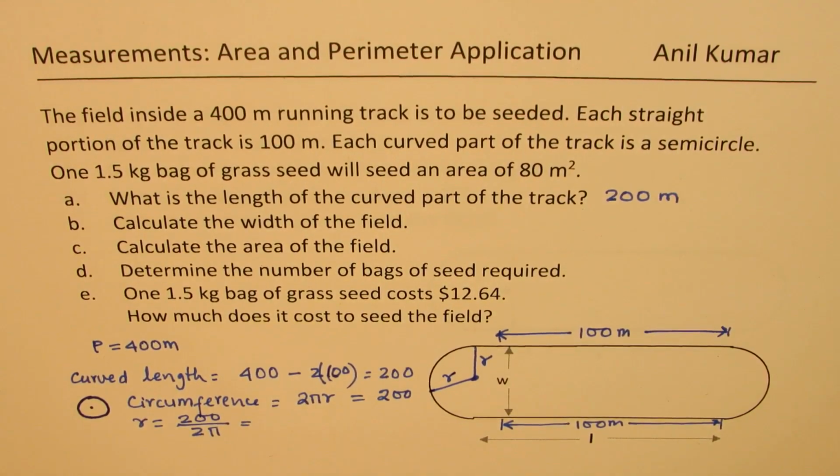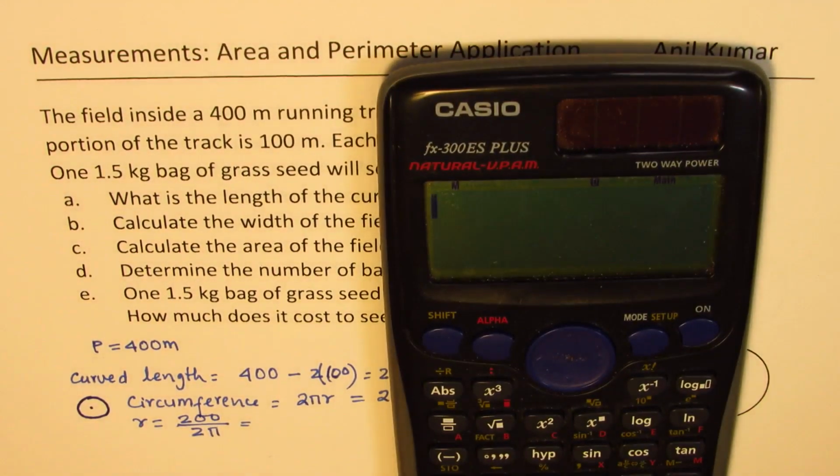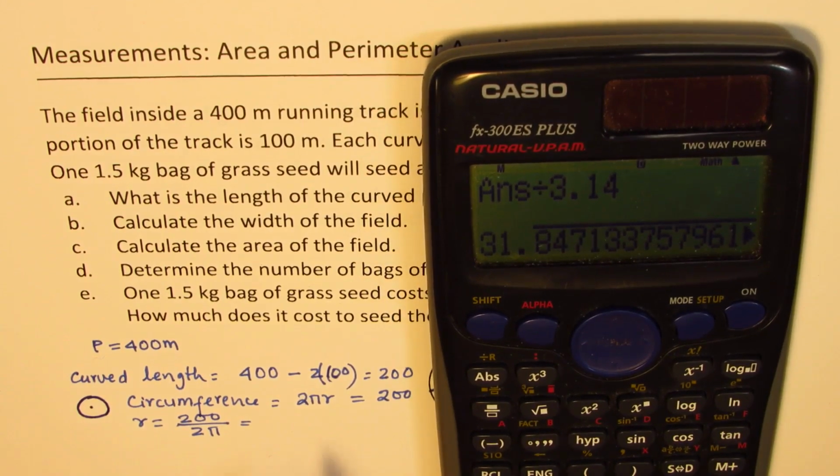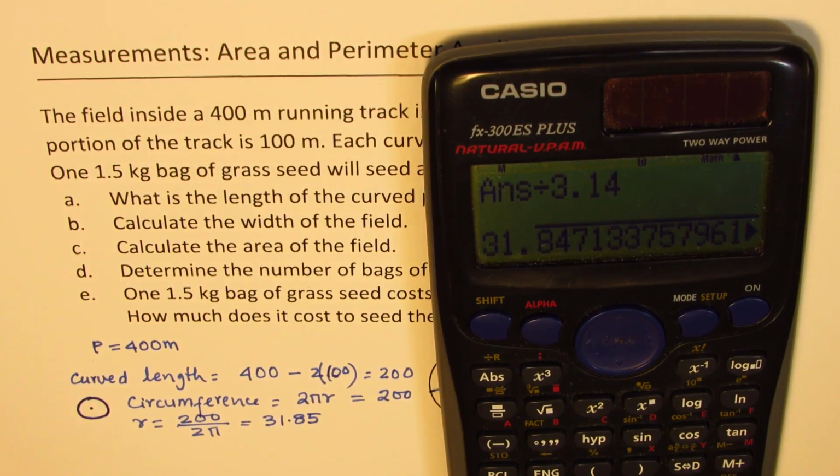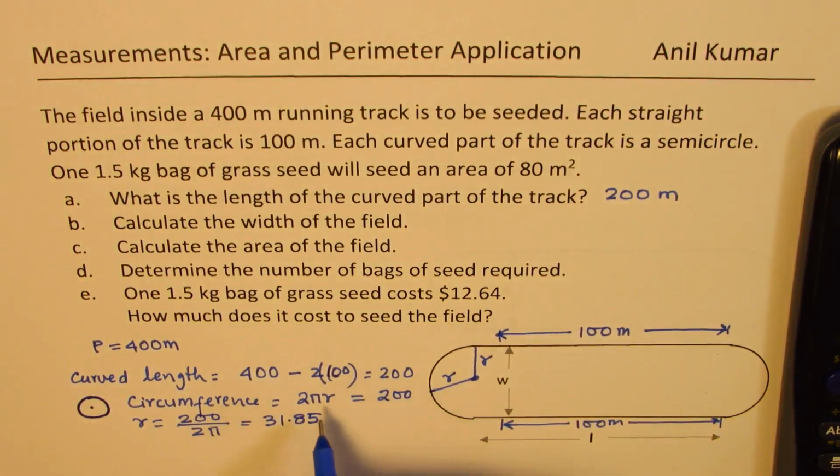So let's calculate the radius of this circle. So we'll divide 200 by 2, and then we'll divide it by pi. We'll take the value as 3.14. So in decimals, we get 31.85. Okay, so we'll round it to 31.85 meters.